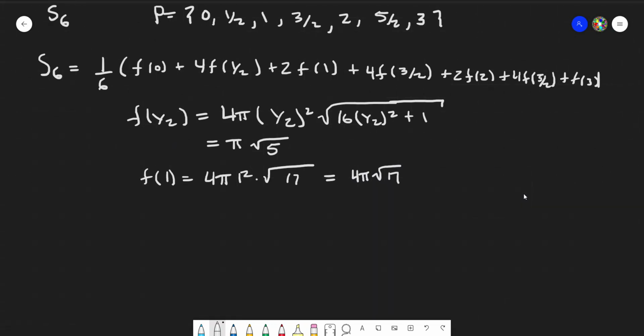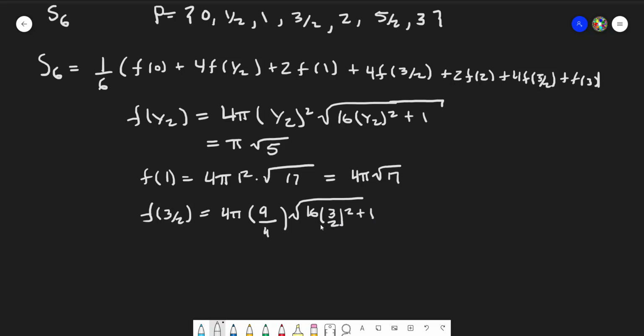Let's try 3 halves. If we try 3 halves, remember that that's going to be 4 pi times 9 over 4, because the value is getting squared. And then you have the square root of 16 times 3 halves squared plus 1.